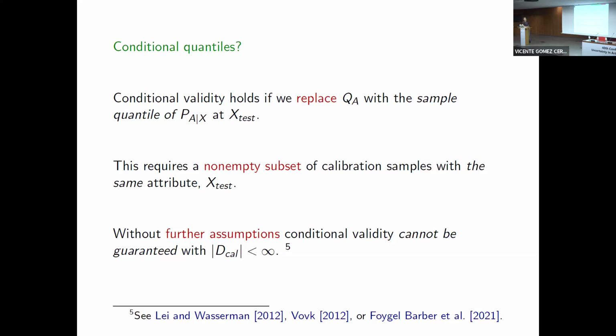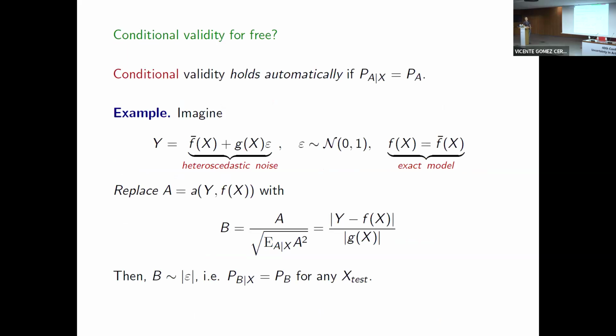But of course, computing the conditional quantile is impossible because we would need an infinite amount of data, and especially a set of calibration samples for each different X test. There was a no-go theorem, and yes, there was a sketch of the proof. So this is considered impossible.